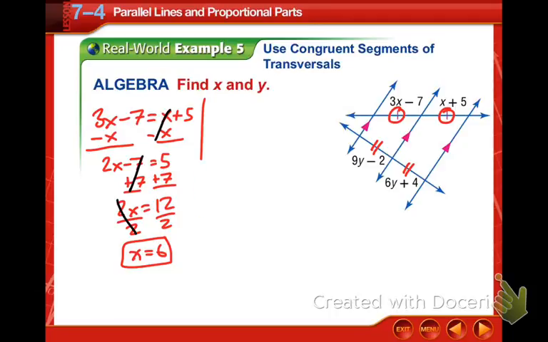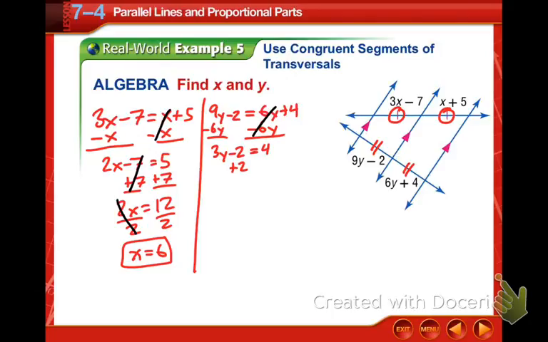So now we do the same thing for y. 9y minus 2 is equal to 6y plus 4. We're going to subtract 6y from both sides. 3y minus 2 is equal to 4.